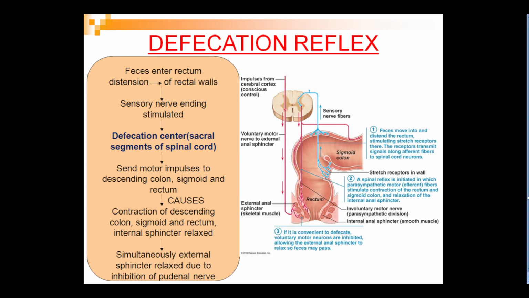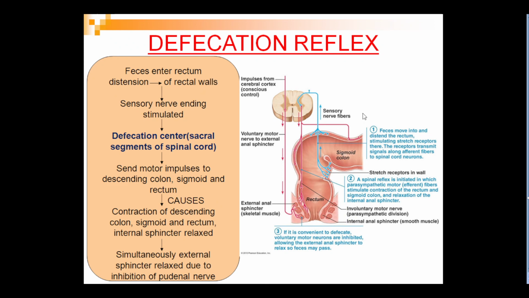Now, a few more words about defecation reflex. Defecation reflex will be under both voluntary and involuntary control. What does that mean? Whenever feces reach the rectum, distension of the rectum walls happens, and mechanoreceptors, baroreceptors will get activated, and through the sensory nerves, impulses will be sent to the spinal cord.